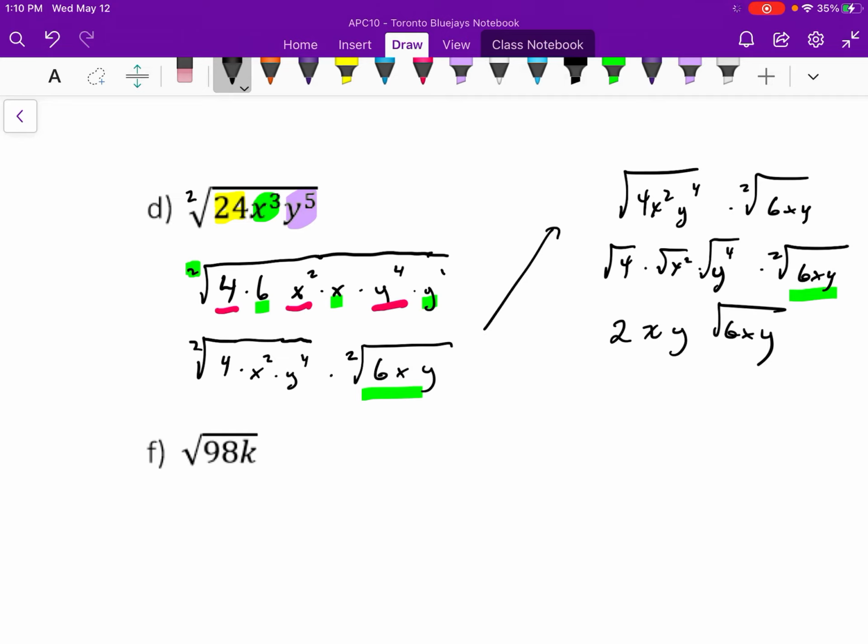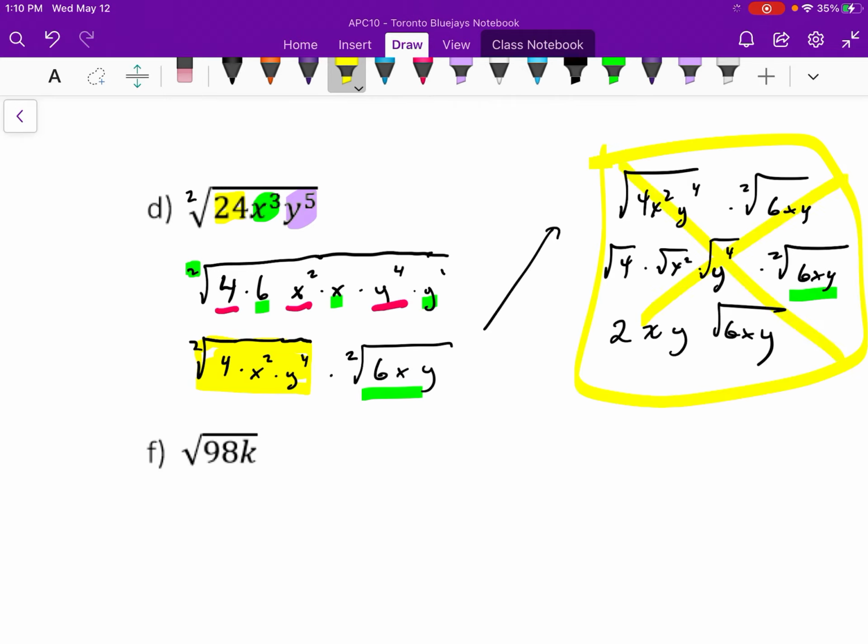All right, I'm done, but I'm going to take a quick look at this yellow step here. I'm going to try to cut out all of this work, if it's possible in our minds. The reason I have the square root of 4x squared y to the power of 4 all together is that I've organized them in a way that I can take the square root of everything.